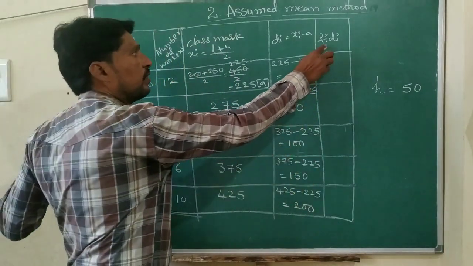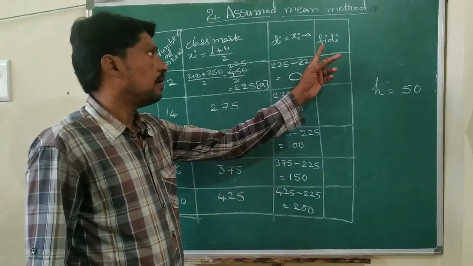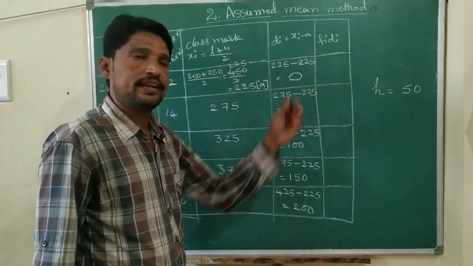Now we need to take fi and di, the product of frequency and deviation.